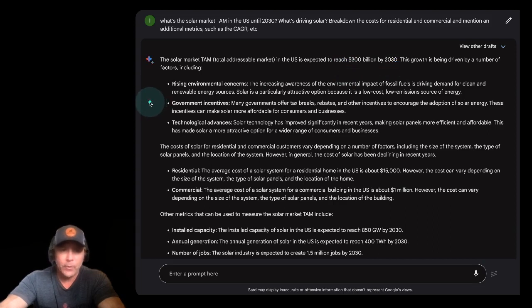Some of the factors are the rising environmental concerns, which I'm going to talk about here in a few minutes, aka ESG, environmental social governance, and then government incentives. So several incentives in place for both residential and commercial to buy solar.